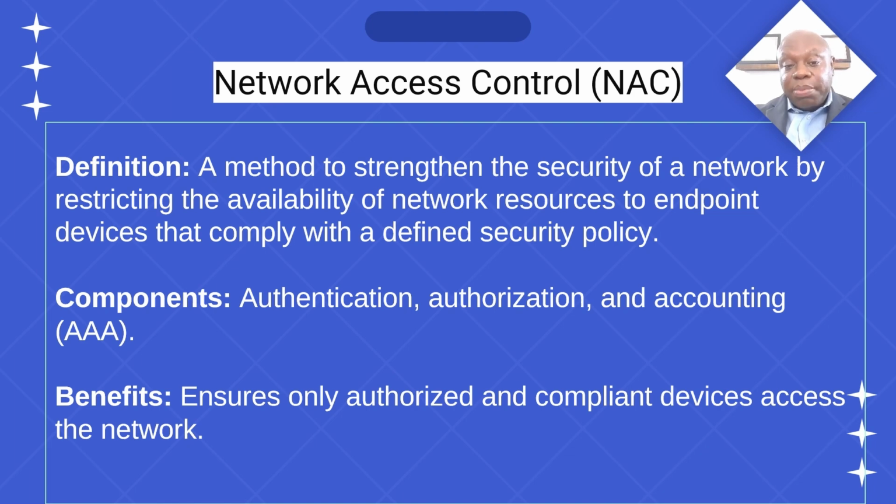Right? So you're going to set up policies, and your NAC is going to strengthen that by restricting the availability of the network resources as you had it configured. It's going to control 3 areas: authentication, authorization, and what we call accounting, AAA, the 3 A's.